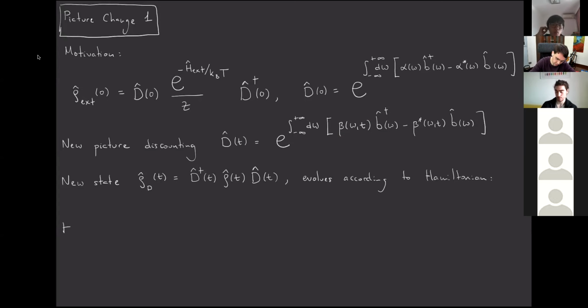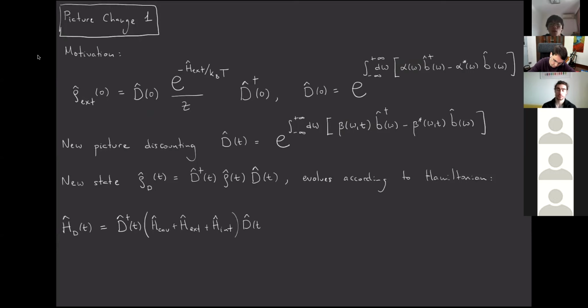So in general, I remind you that the Hamiltonian in the new picture, which in this case I will call H_D, is equal to just applying the same transformation onto the total Hamiltonian. So in this case, we have H cavity plus H external plus H interaction.